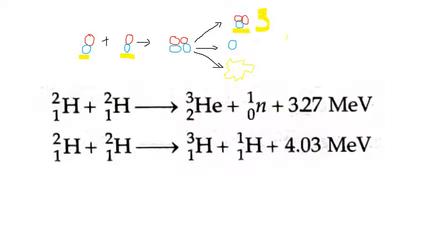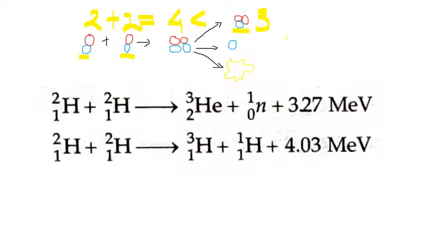So in this case, how much is the mass number? 2. In this case, how much is the mass number? 2. So 2 plus 2 is how much? 4. But you are getting a nuclei which is having a mass number 3. So you can clearly see the mass of the stable nuclei is less than the sum of the two lighter nuclei. So what is happening to the mass here?